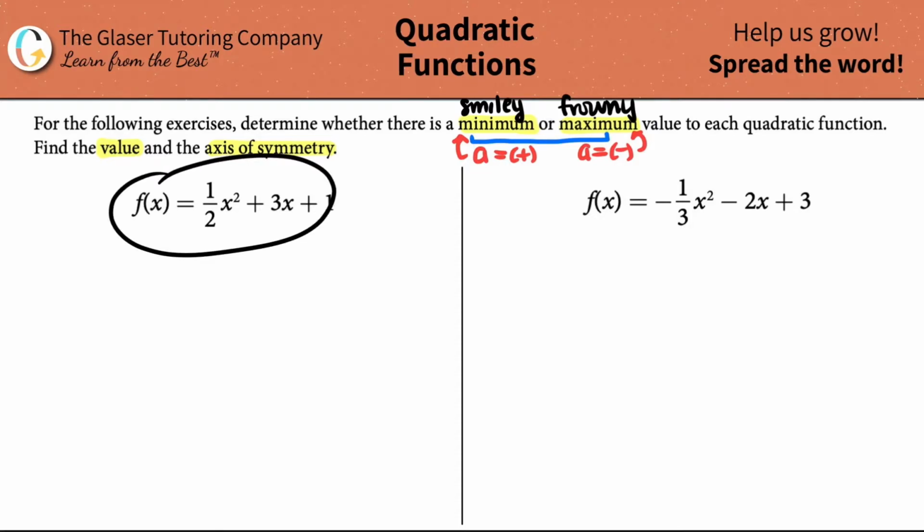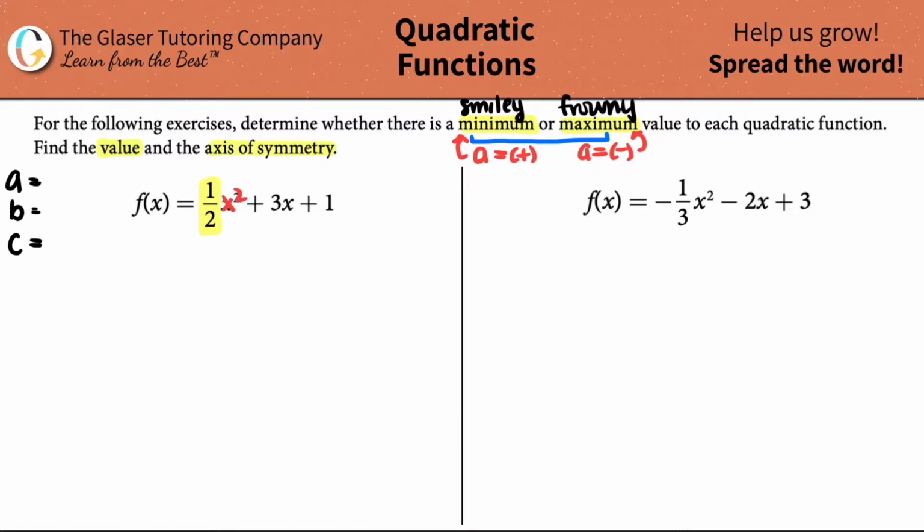If we're looking at this quadratic function, f of x equals 1/2 x squared plus 3x plus 1, what is my a, b, and c value for this one? Remember, the a value is always the one that's in front of the variable squared, so x squared or y squared or t squared or a squared, whatever.